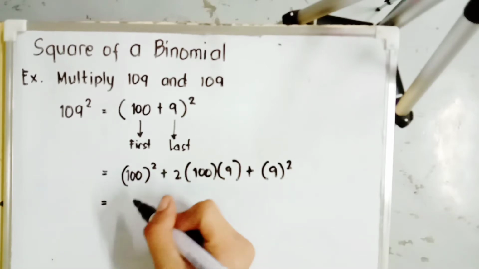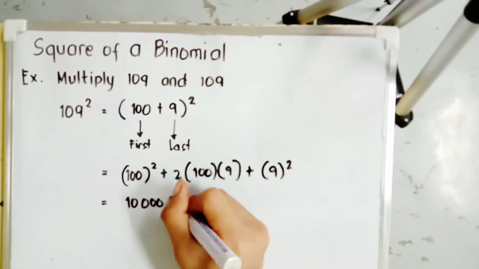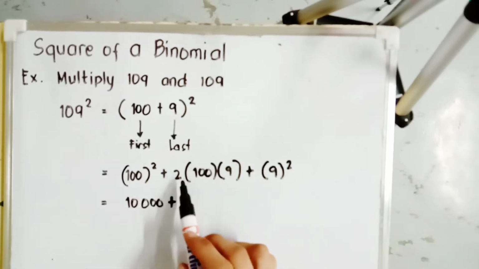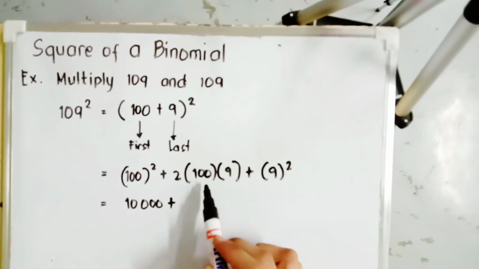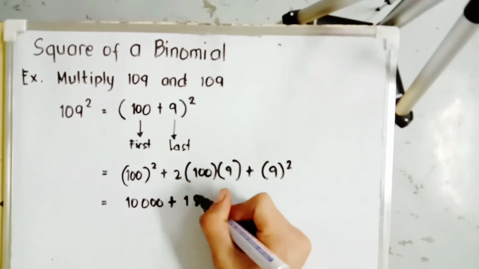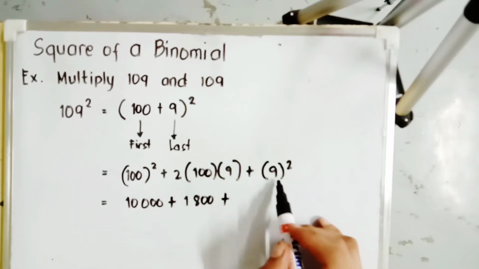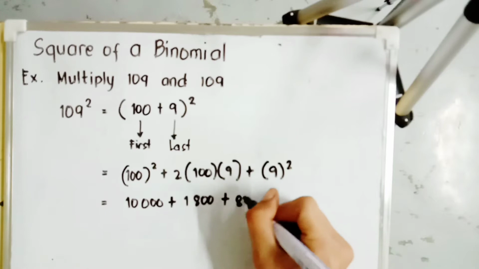So the square of 100 is 10,000 plus 2 times 100 makes 200 times 9 makes 1,800 plus the square of 9 is 81.